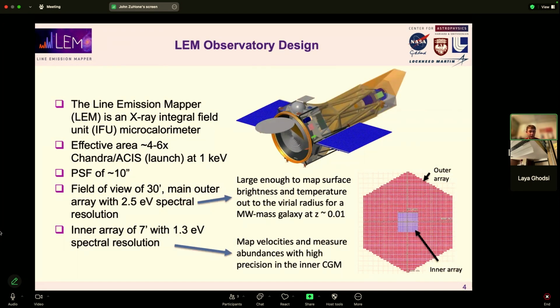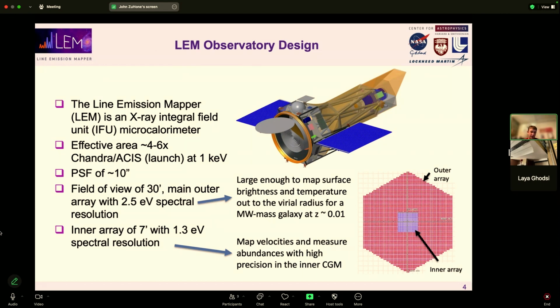So the instrument that we proposed to the NASA APEX call, which we're going to hear the first results from in the next month or a couple of months or so, is the Line Emission Mapper. It's an X-ray integral field unit microcalorimeter. So it's the same genre of instrument as the XRISM Resolve instrument, which you may have heard of, but it is designed to be optimized for the CGM and the IGM and other X-ray sources in the lower energy, softer X-ray band.